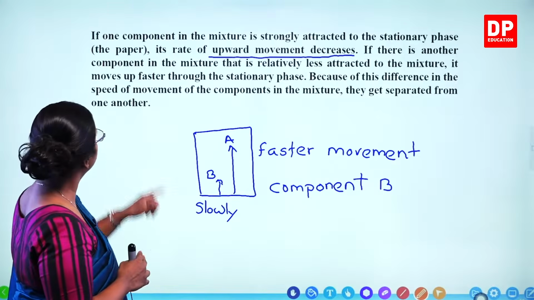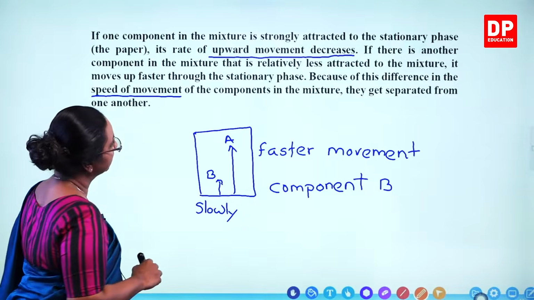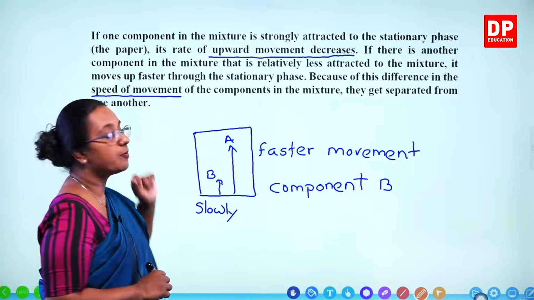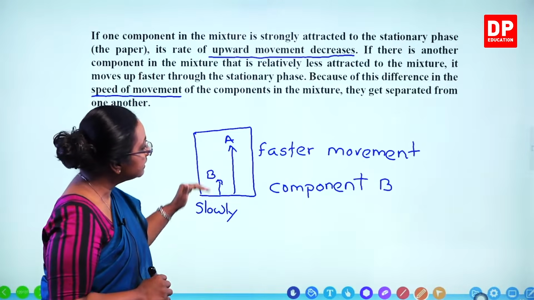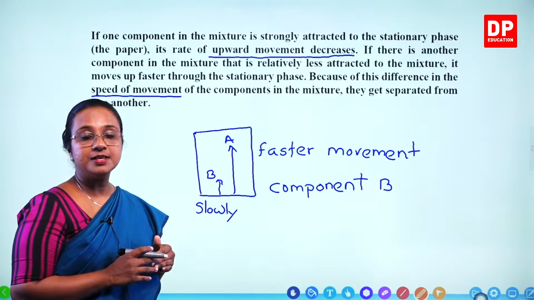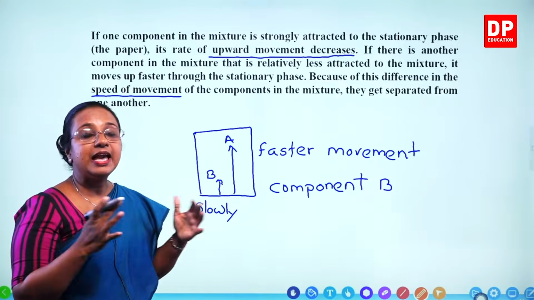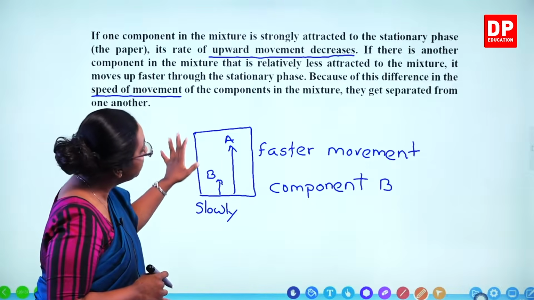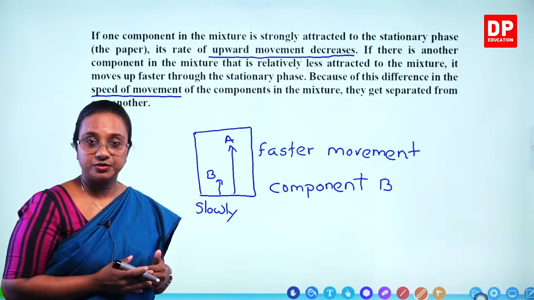Because of this difference in the speed of movement of the components in the mixture, they get separated from one another. So, because of the attraction of the components to the two phases, they get separated. So, this is the basic principle of paper chromatography.